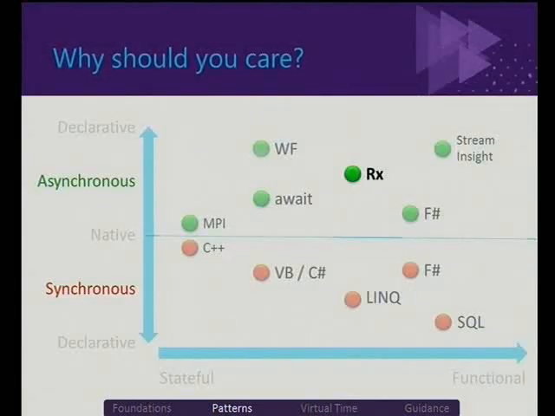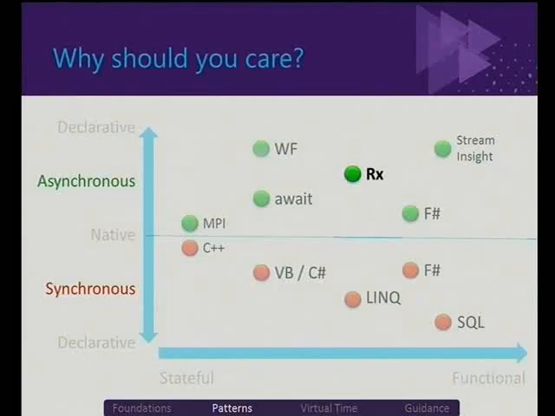Okay, well, why should you care about this? What's in it for you? Above this green line, it's a bit of a complicated slide, I'm afraid, are asynchronous technologies or asynchronous platforms. Now, we're not talking about concurrency here. There's lots of concurrency tools all over the place.